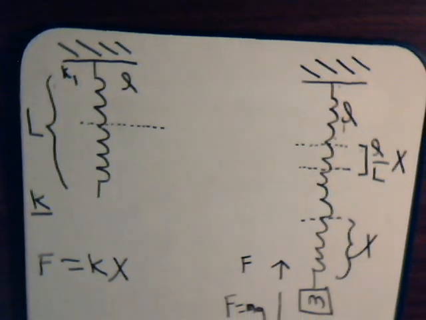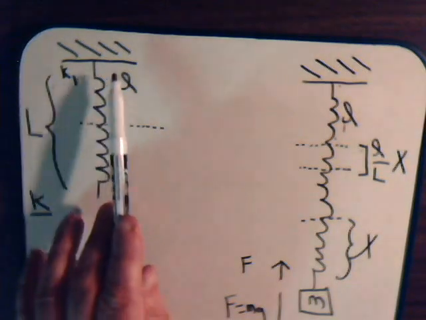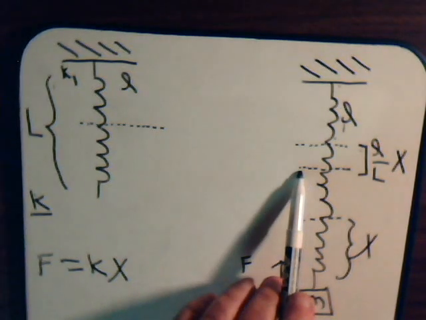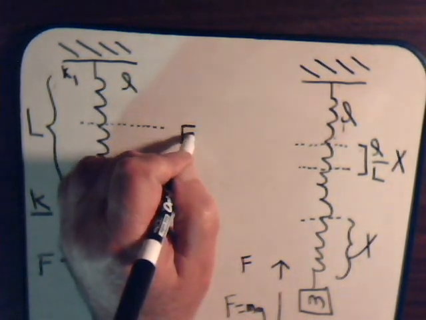Now, as we just discussed, the upward restoring force F, that's the same everywhere. So if we want to talk about this section here as if it's an independent spring with its own particular spring constant, then we would say, well, F, that is the same everywhere, what's that equal to?